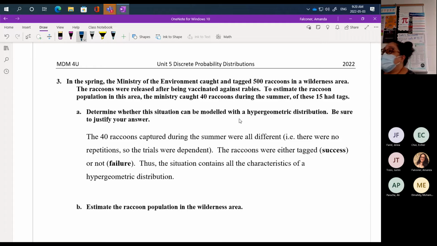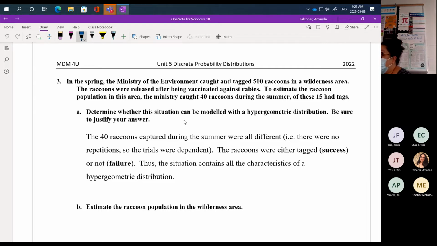Determine whether this situation can be modeled with a hypergeometric distribution and be sure to justify your answer. So these animals were tagged, they were then released. Then they caught another 40 raccoons to try to understand what the population size was like. So they caught 40 raccoons, and of these, 15 had tags.